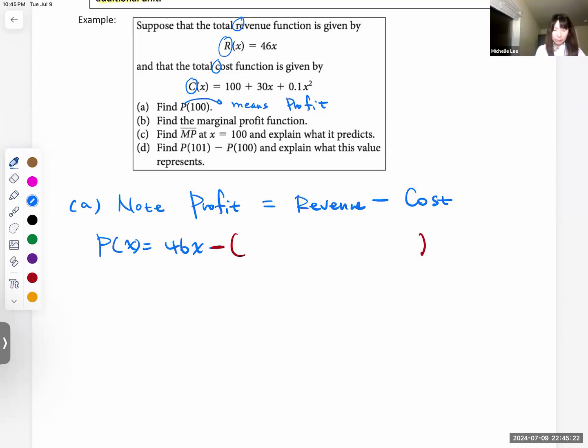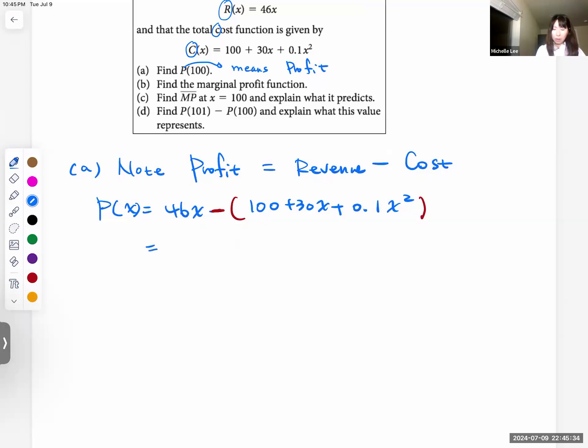So we have 100 plus 30X plus 0.1X to the second power. There will be 46X minus 100 minus 30X minus 0.1X squared.